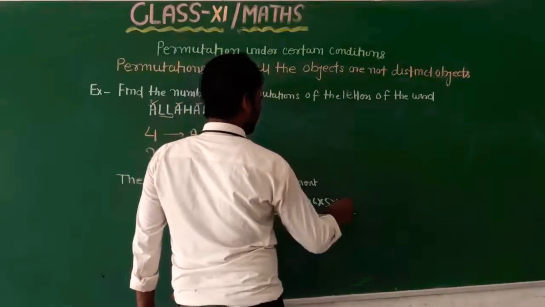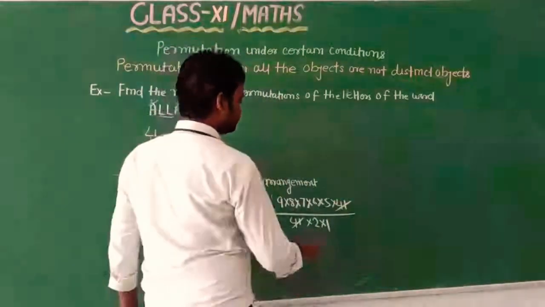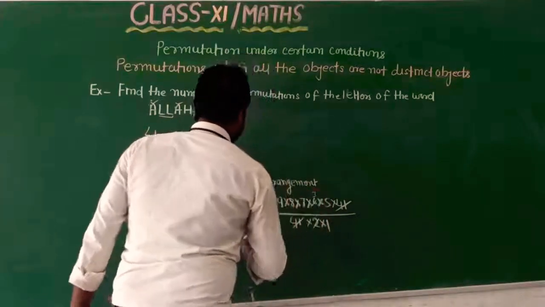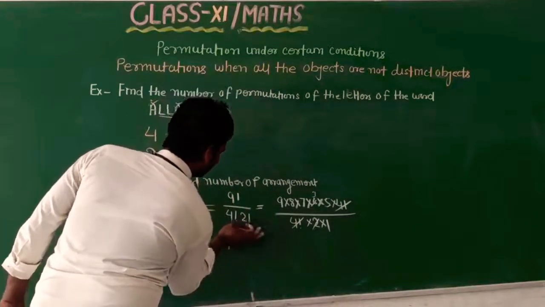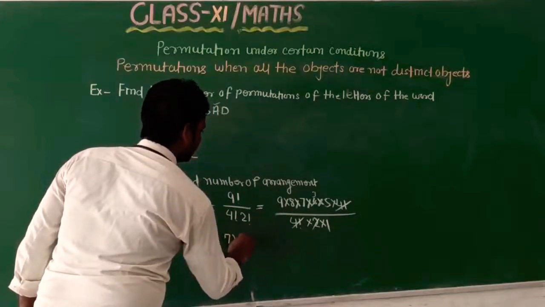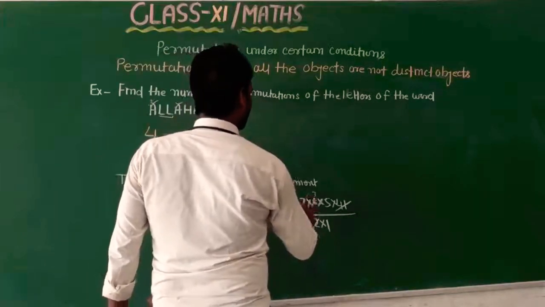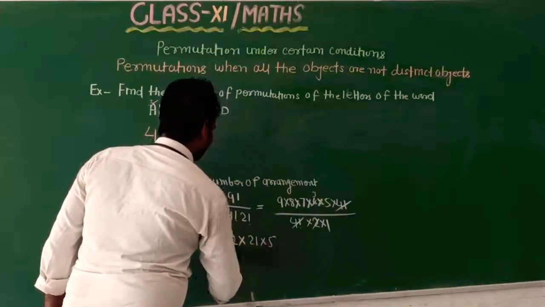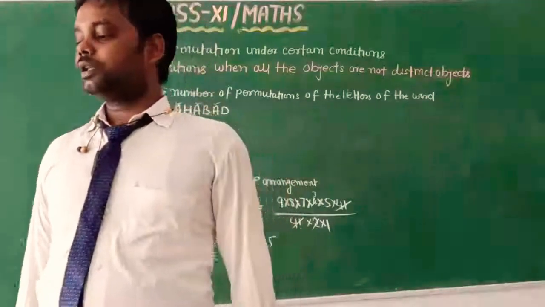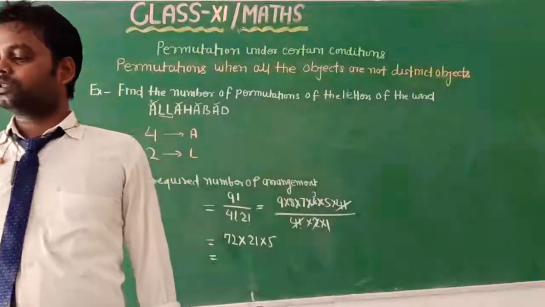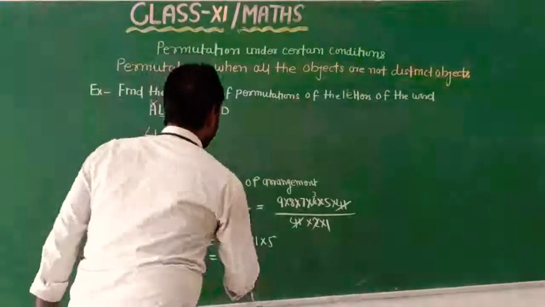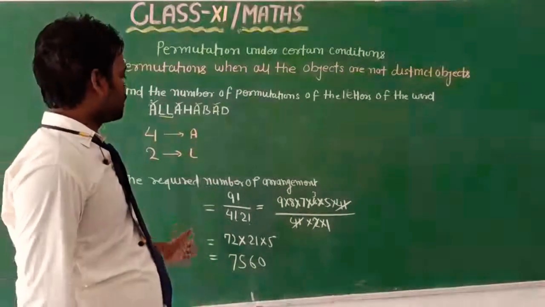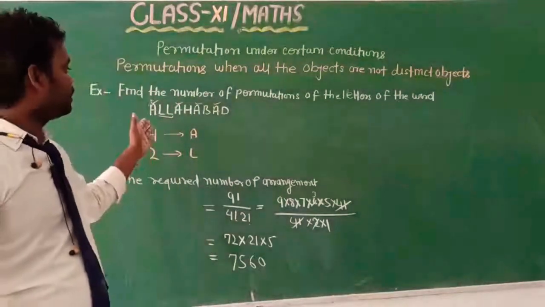Here we can cancel factorial 4, and multiply the remaining numbers. So this is the total number of arrangements of the letters of the word Allahabad.